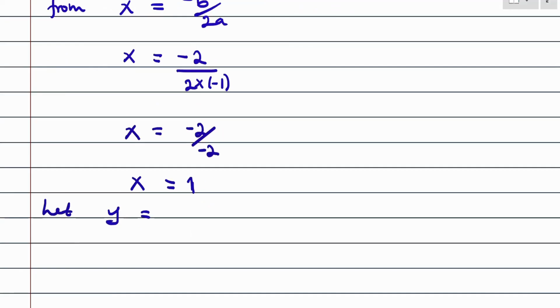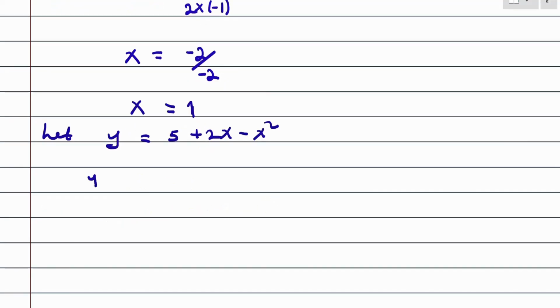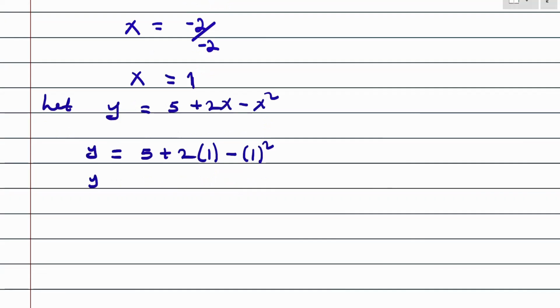From here we can let y equal 5 plus 2x minus x squared. By substituting the value of x, we have 5 plus 2 multiplied by 1, minus 1 squared.